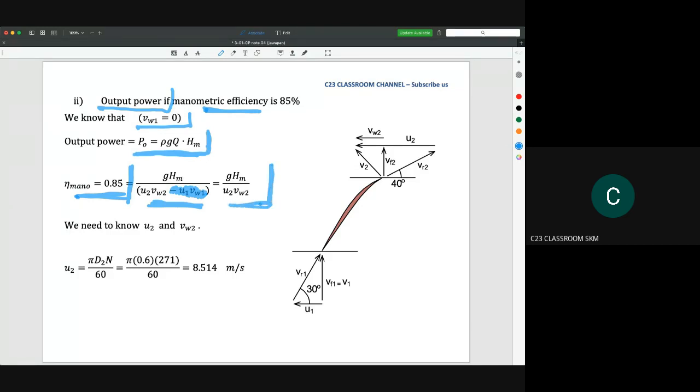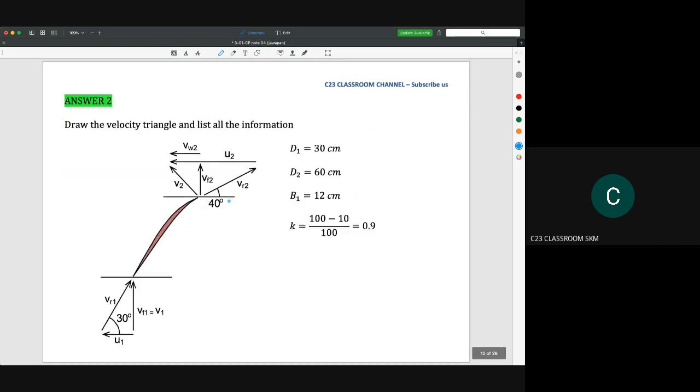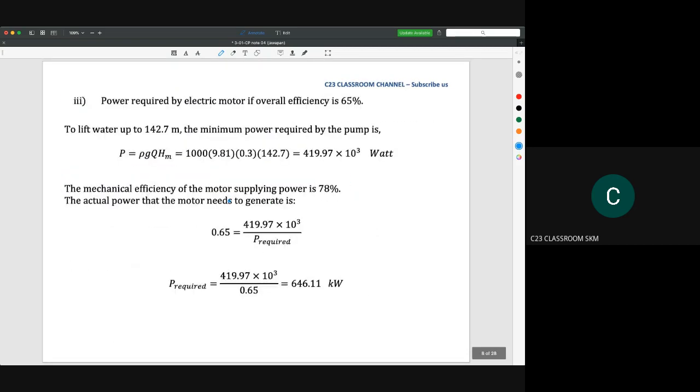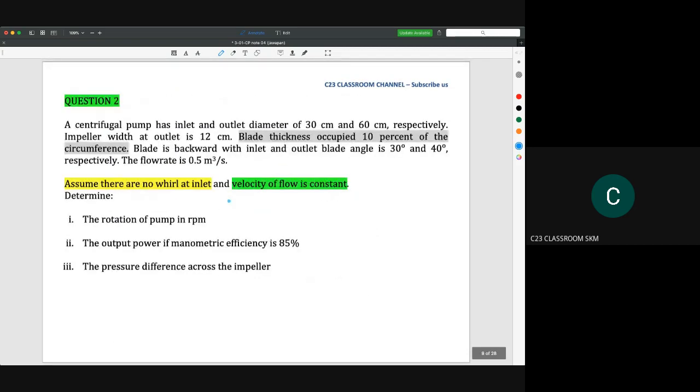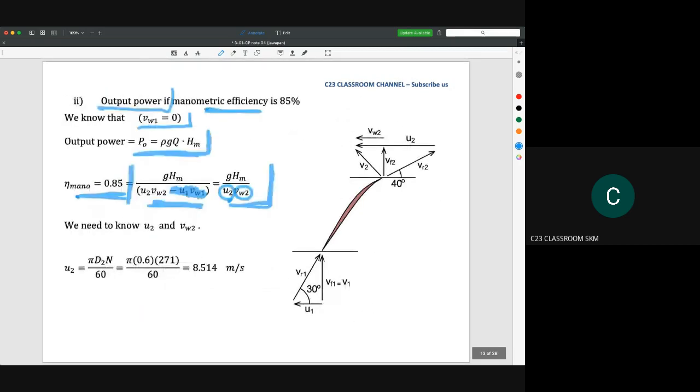Okay, to solve this problem, we need to calculate V2 and U2, because the value of HM I think is already given in the question. I'm not sure here. It might be we need to calculate it.